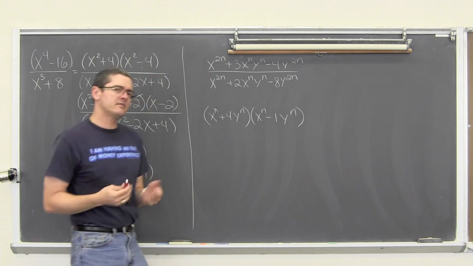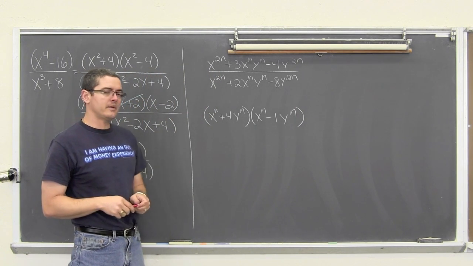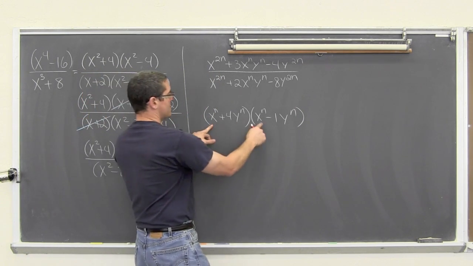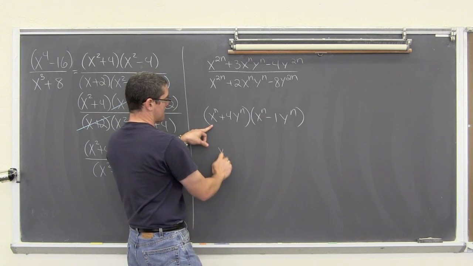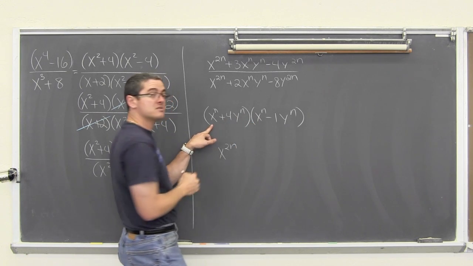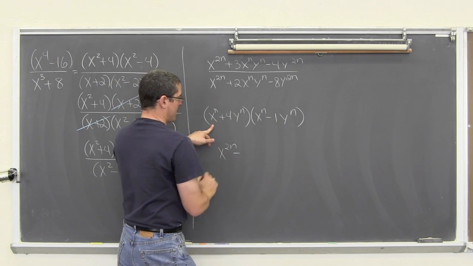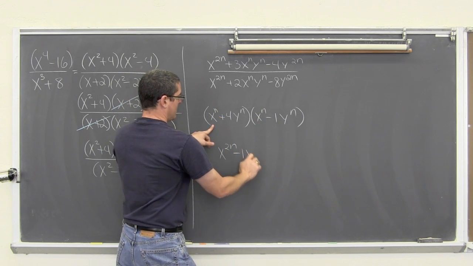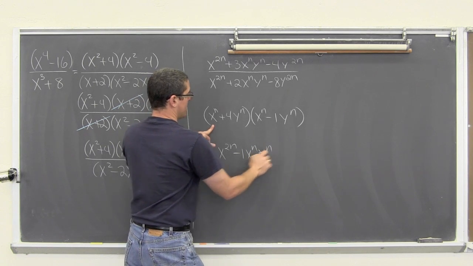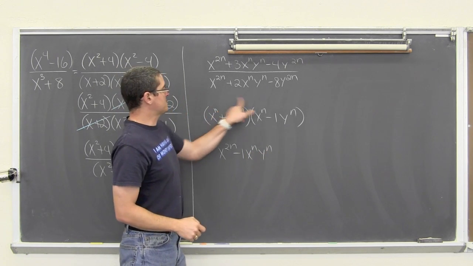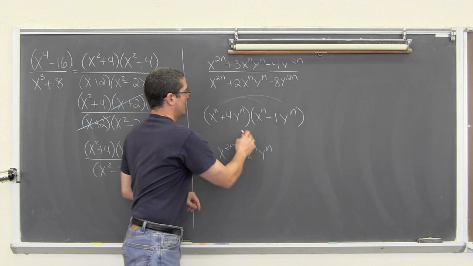Now, this is a bit of a complex problem, so if you wanted to make sure that it was right: x to the n times x to the n is x to the 2n, because when you multiply like bases, you add the exponents. Minus 1 times negative 1 is negative 1, x to the n, y to the n.